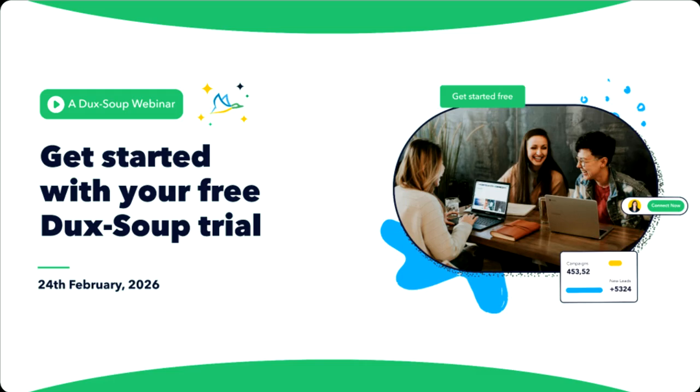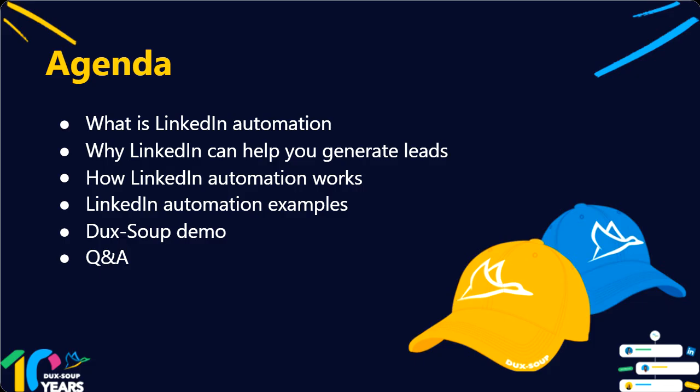So what are we going to cover today? What we really want to do is give you a very brief overview of what we mean by LinkedIn automation, and why you should be excited about it when it comes to lead generation. Just to make sure everyone really understands why LinkedIn, why should we be using LinkedIn to generate leads. And then we'll look at how LinkedIn automation actually works in a practical sense.